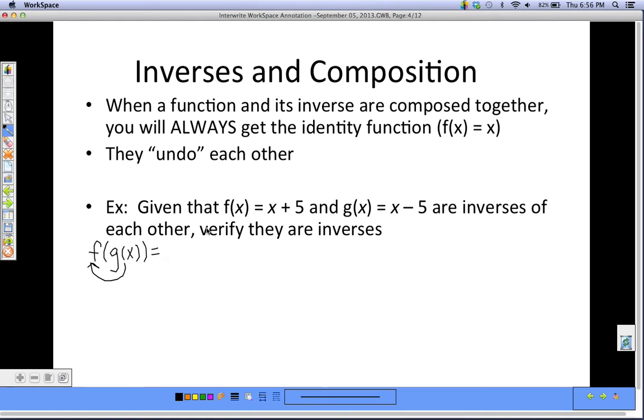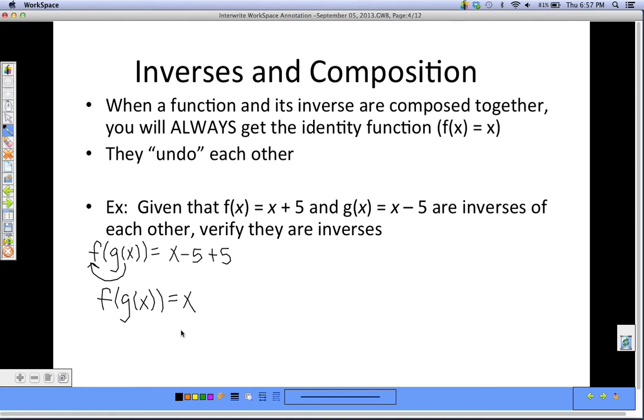So looking at f, we see our x right away. So we're going to go ahead and write down g, which is x minus 5, and then put our plus 5. So combine your like terms. We see that f of g of x is equal to x. So far, these two functions are in fact inverses.